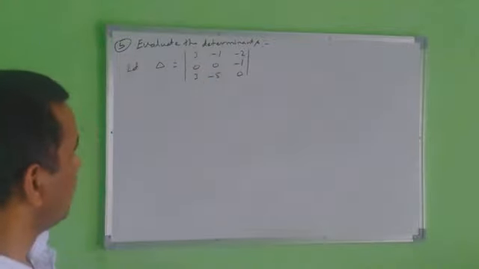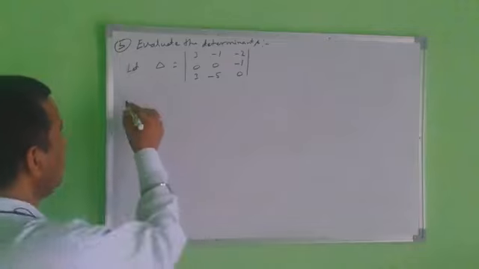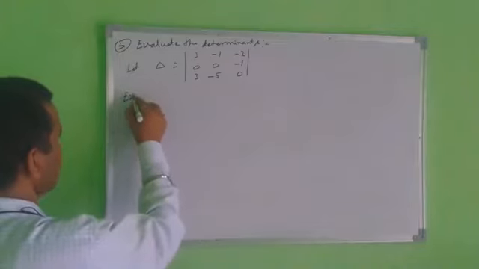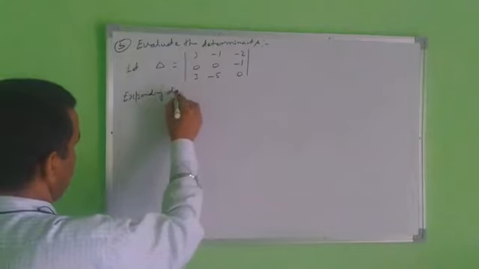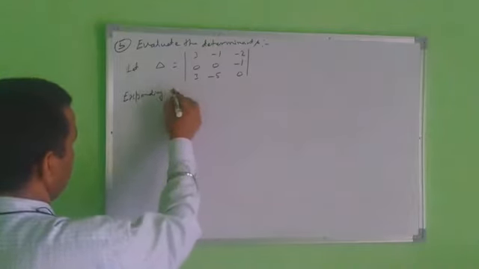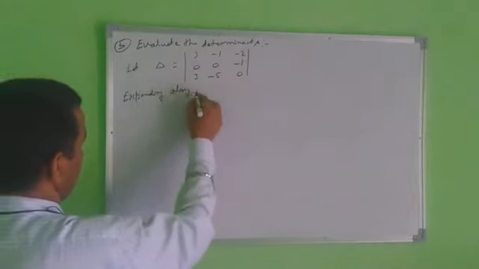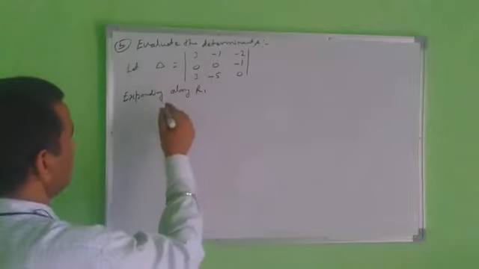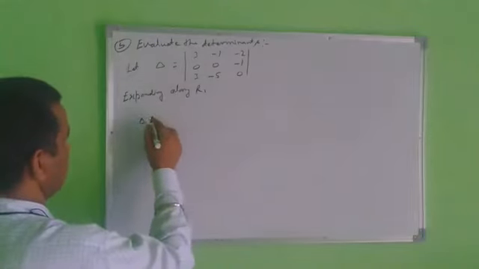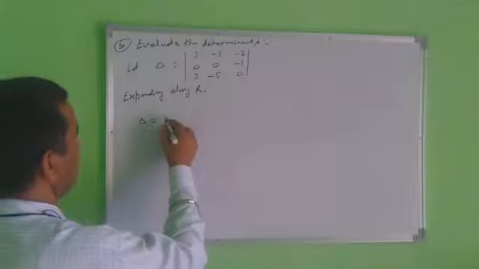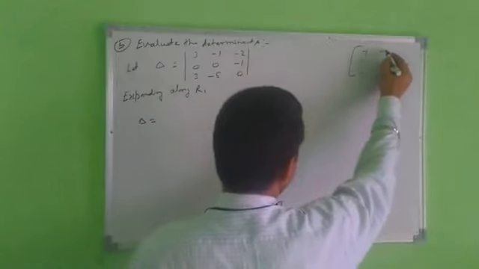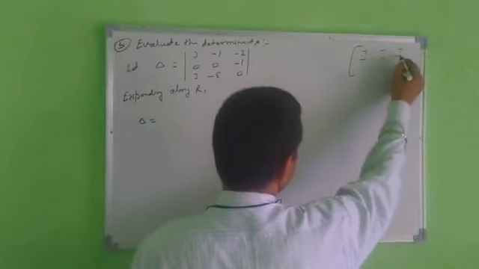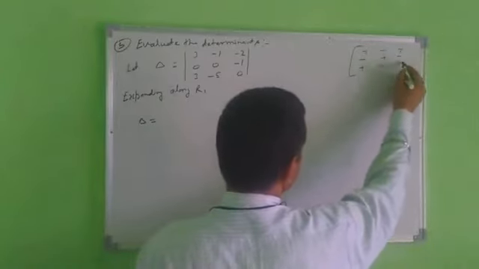First of all, you will write: expanding along R1. You are expanding only along R1. So del equals, along R1, keep this sign table in mind: plus, minus, plus, minus, plus, minus, plus, minus, plus.